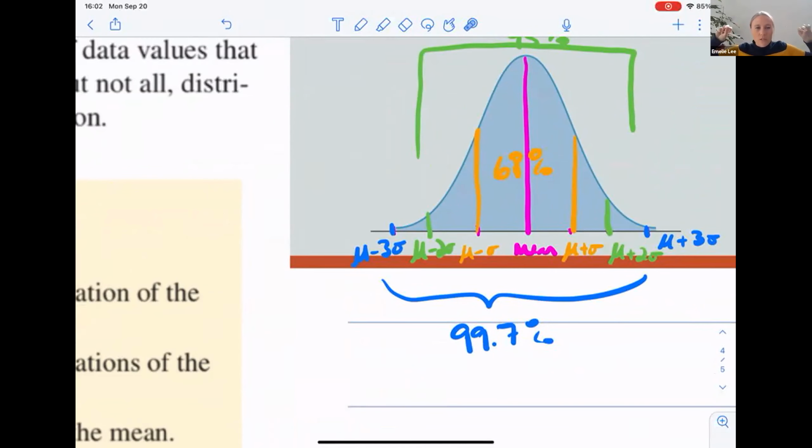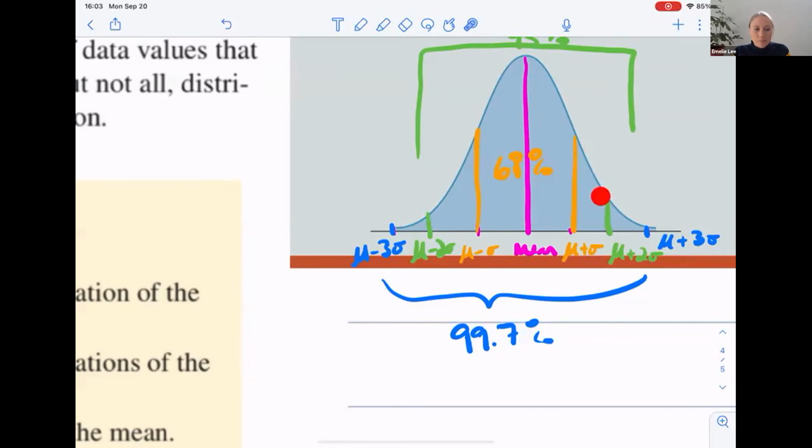They keep going to negative infinity and positive infinity, but the total area left over once you pass plus or minus 3 standard deviations from the mean is 0.3%, split evenly amongst the tails. That's 0.15% in each tail. Very, very low probability, because the area under the curve is going to later translate into a probability.